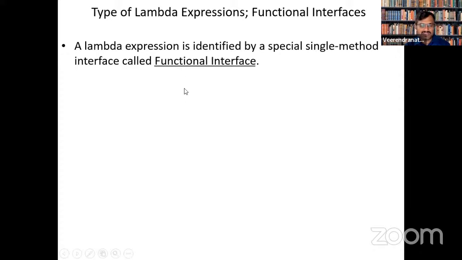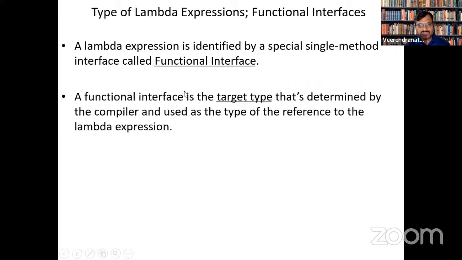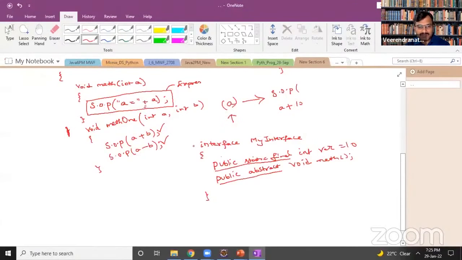That is what is used with a lambda expression. A functional interface is determined by the compiler and is used as a reference for the lambda expression, so this has to be identified by the compiler.